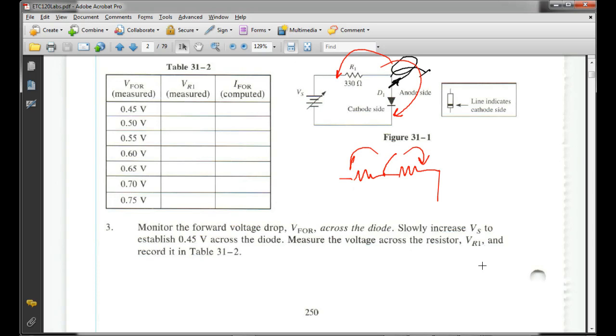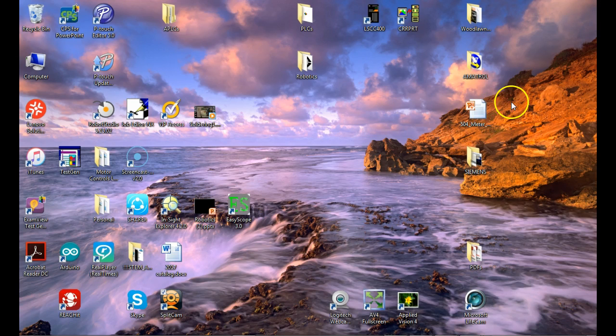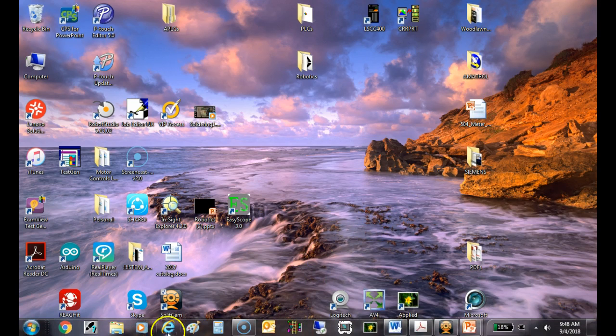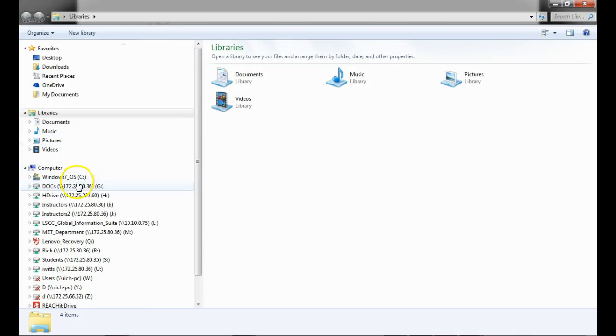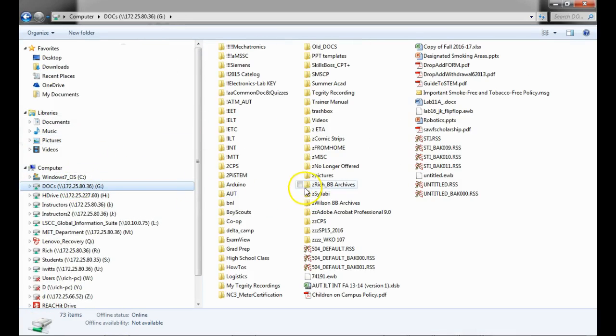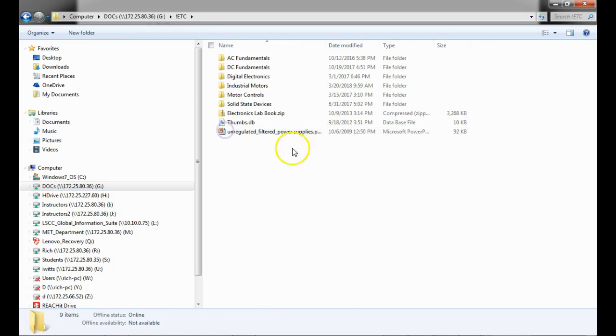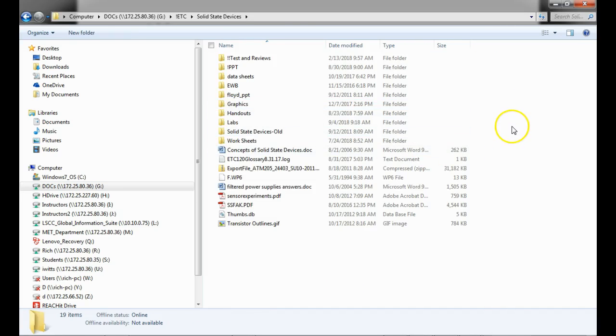So let's look at the data sheet for the 1N914. Hopefully y'all got good eyes, because that's a tiny little diode. And sometimes they color code it.